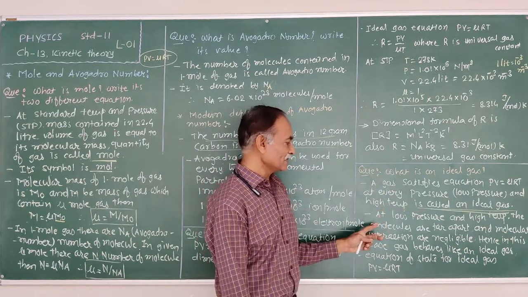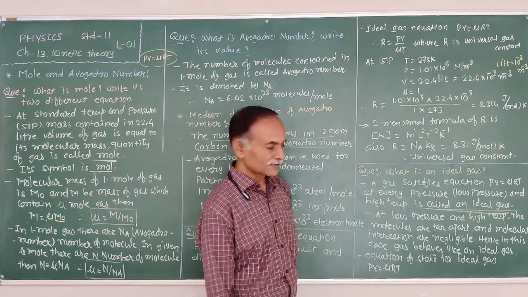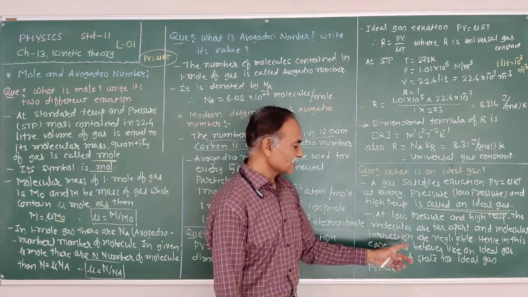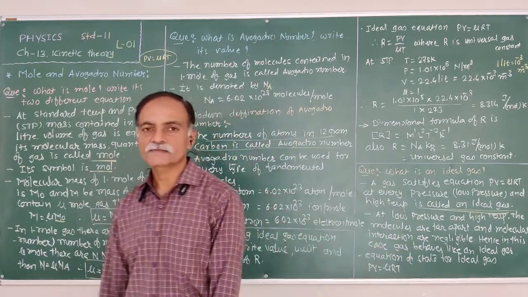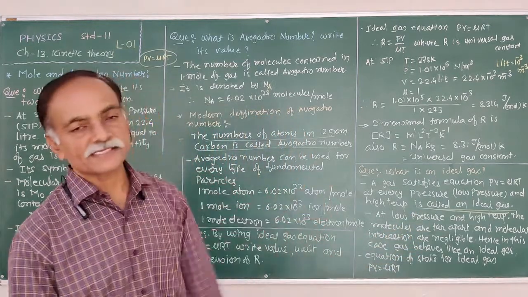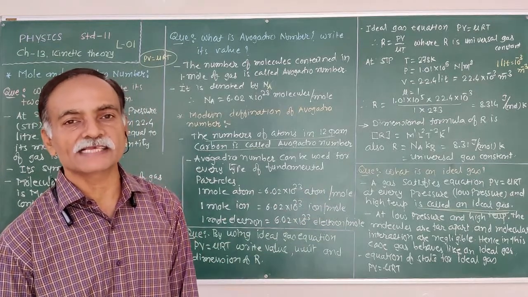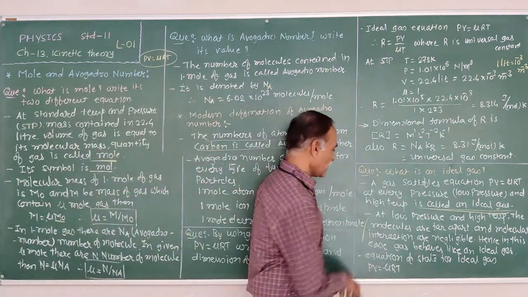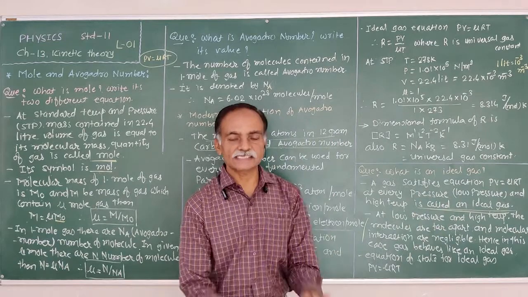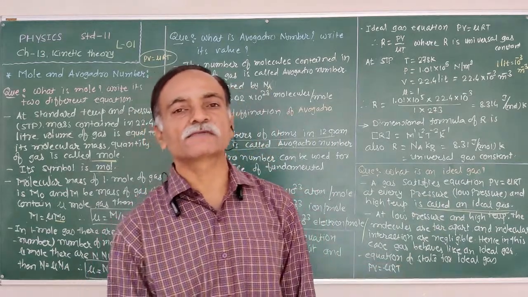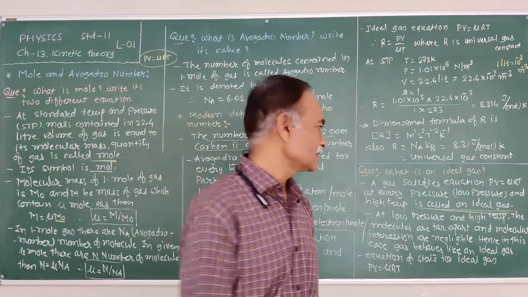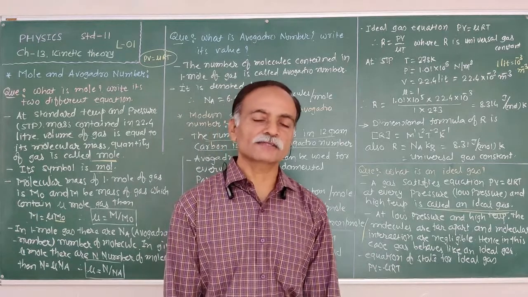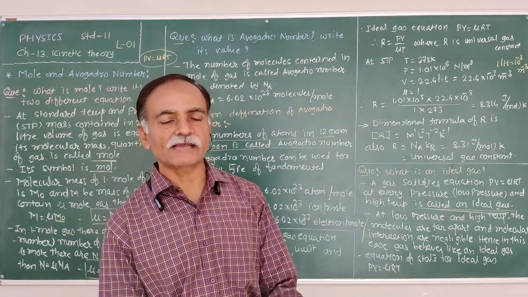At low pressure and high temperature, the molecules are far apart, that means the separation between the molecules is very large. So the molecular interactions are very, very small and can be negligible.